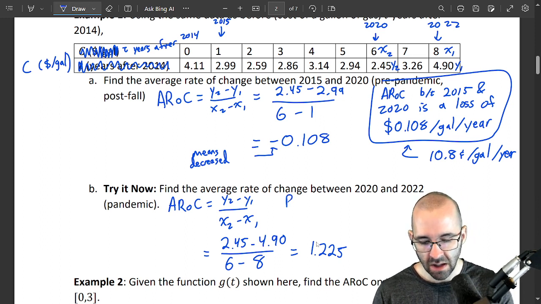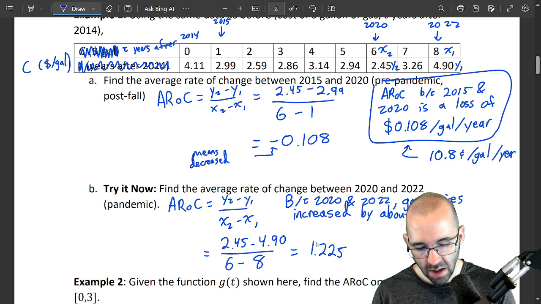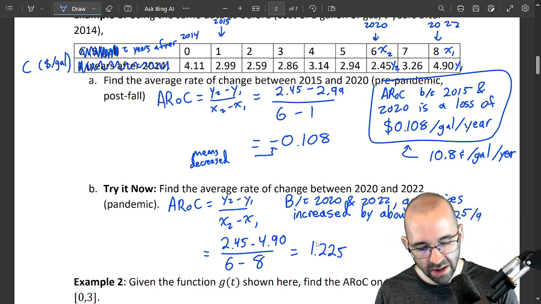Okay. You could say between 2020 and 2022, gas prices increased by about $1.22 or 23 cents, or you could include the decimal, per gallon every year.